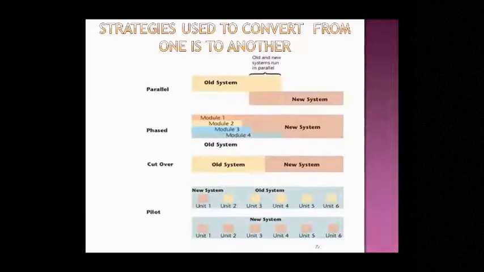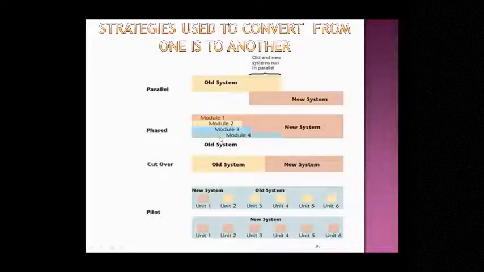We have the different strategies used to convert from one IS to another. So if you will see here, guys, these are the different strategies. We have parallel, phase, cut over, and then the pilot. When we say parallel, the old system and the new system run in parallel. And so we have now the new system.